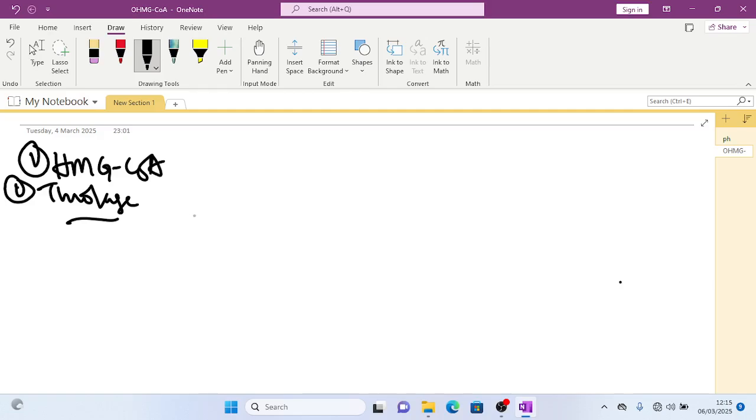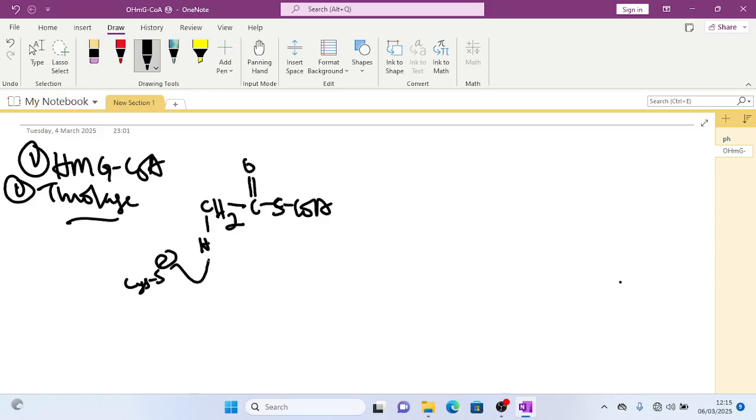We have the acetyl CoA, which is generated from beta oxidation. There is going to be a cysteine residue in the active site of the thiolase.